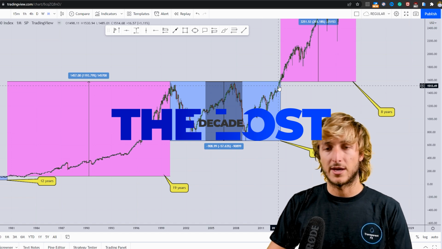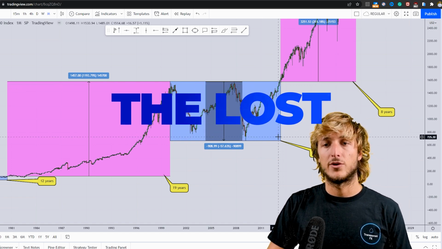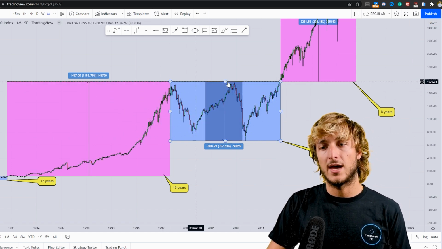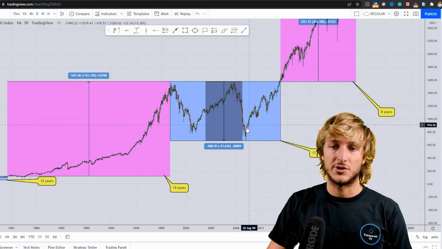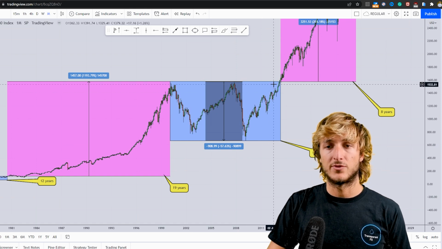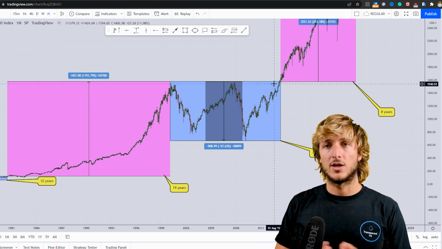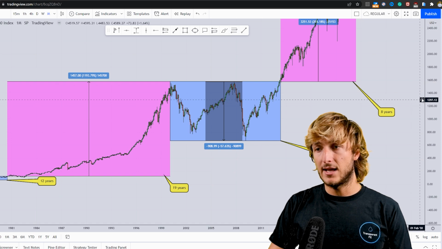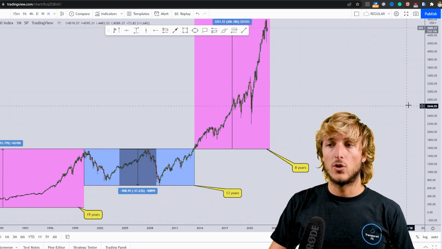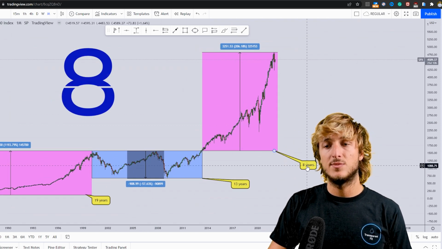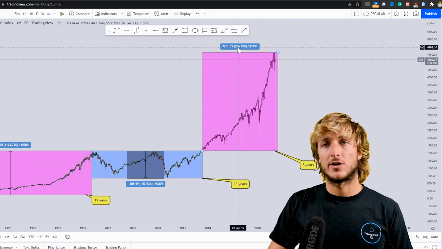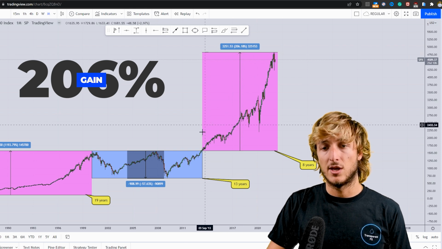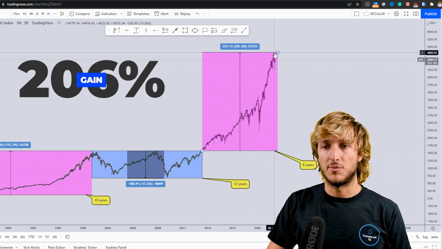From an investing perspective, this one here is often referred to as the lost decade, in which we had basically a decade, so 13 years, a little bit more than that, because many people measure the bull runs from the bottom, in which the stock market went nowhere. And then we enter inside of the current bull run, which has been going on for 8 years so far, in which we have gained so far around 206% from the breakout to the peak.